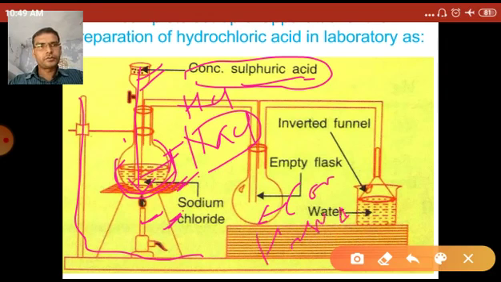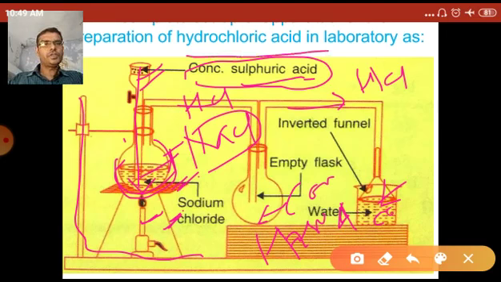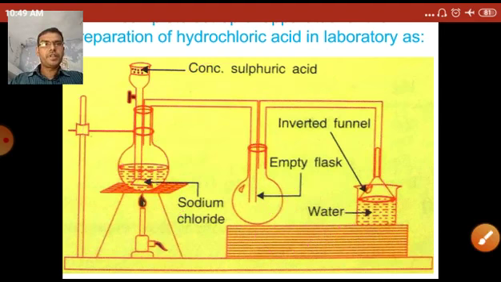H2SO4, sulfuric acid. After drying, the delivery tube passes the HCl gas into an inverted funnel, and the HCl gas dissolves in the water and forms hydrochloric acid, HCl acid. So this is the complete arrangement for the preparation of hydrochloric acid in the laboratory.